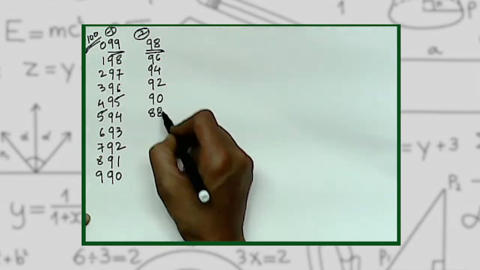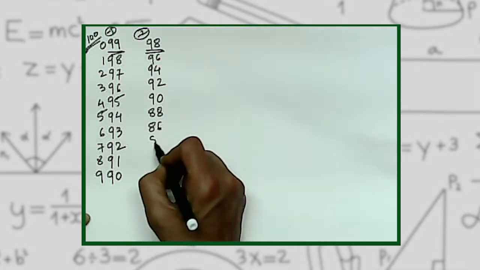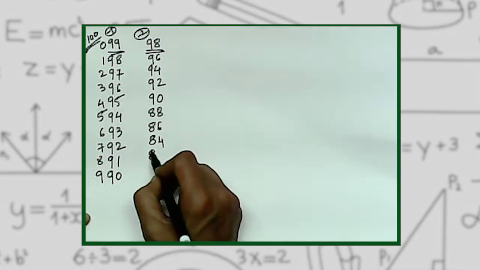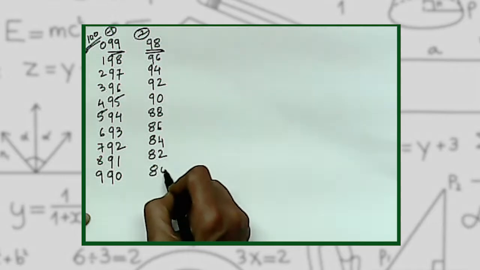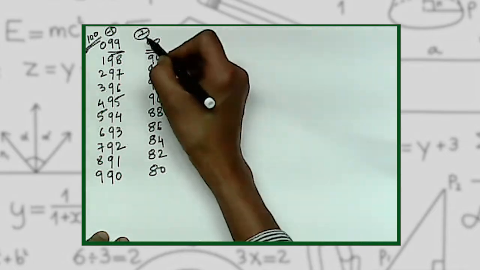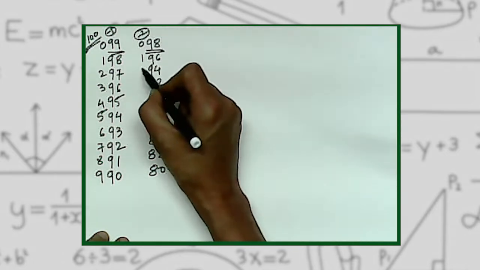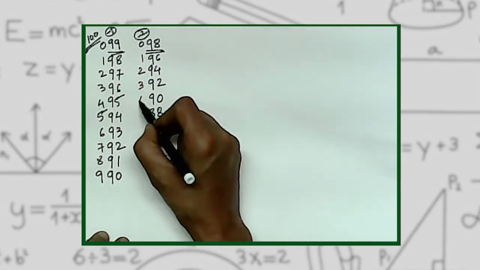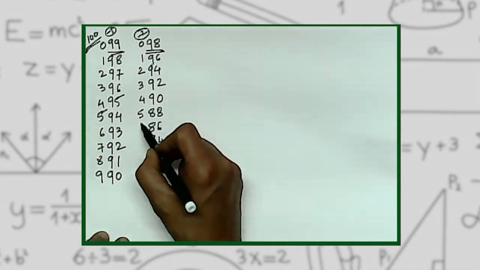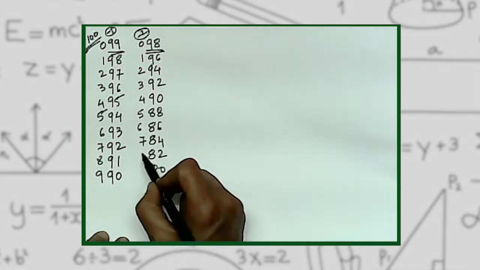Minus 2, 88. 86. 84. 82 and 80. We have finished our right hand side. Now left hand side. 0, 1, 2, 3, 4, 5, 6, 7, 8, 9. We have finished our table of 98.